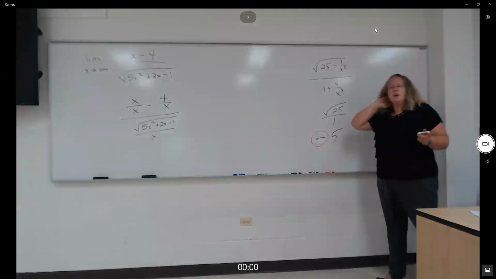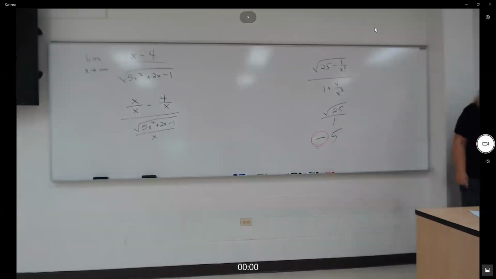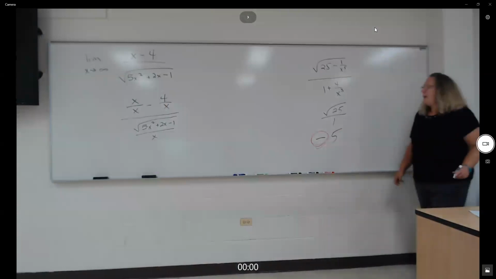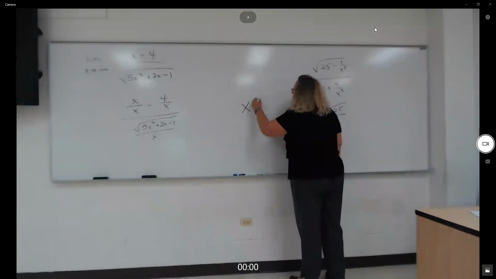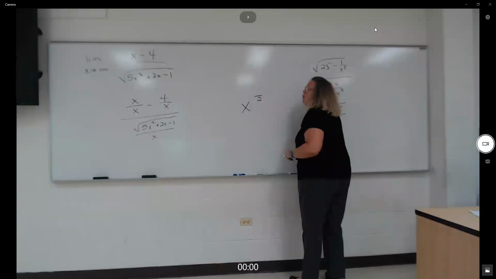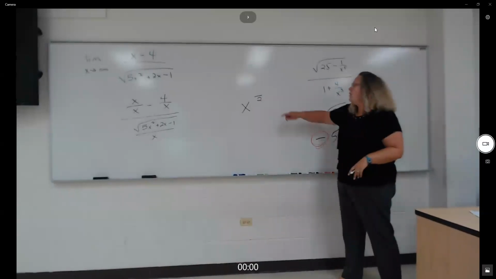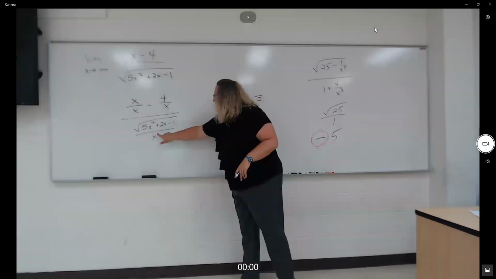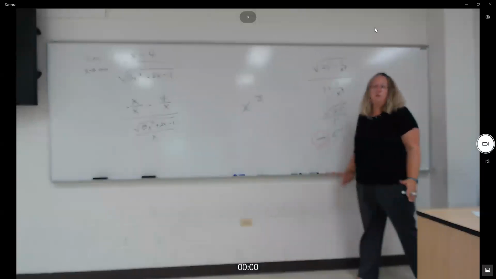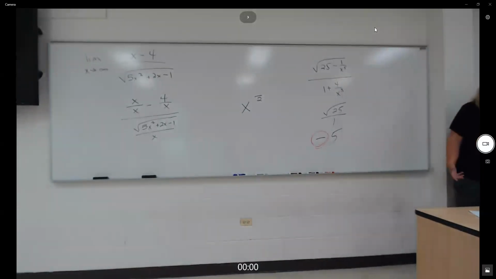But what is it going to have to become to put it under the radical? I want my bottom to be a 2 because I want to make it a radical. What does my top have to be so that it still has a value of 1? It has to be 2.